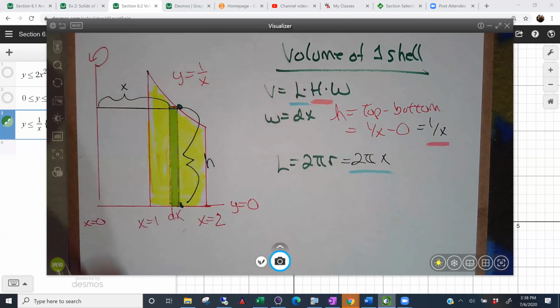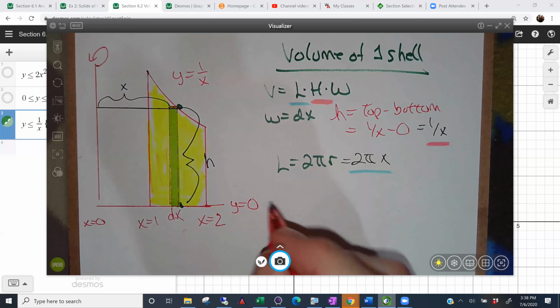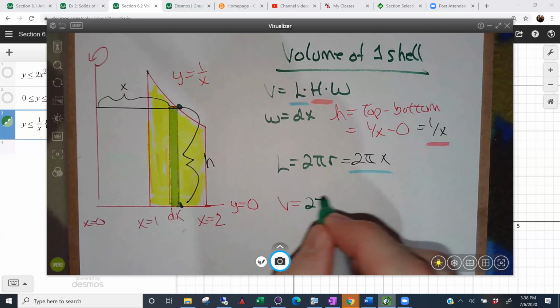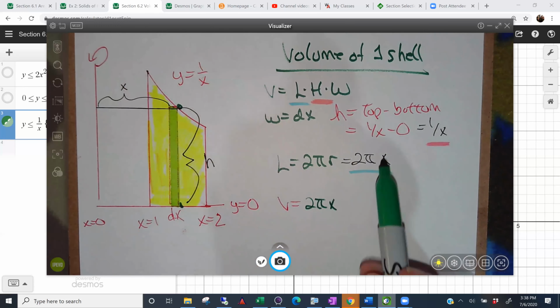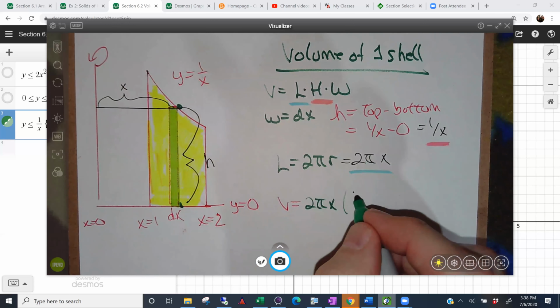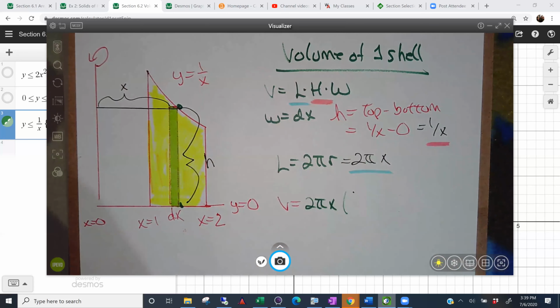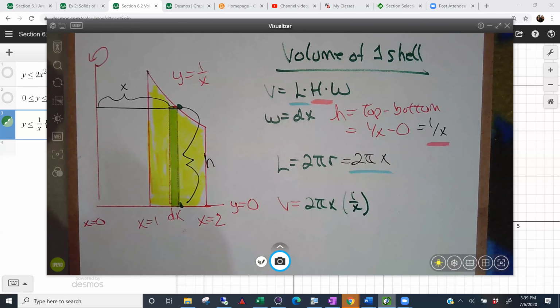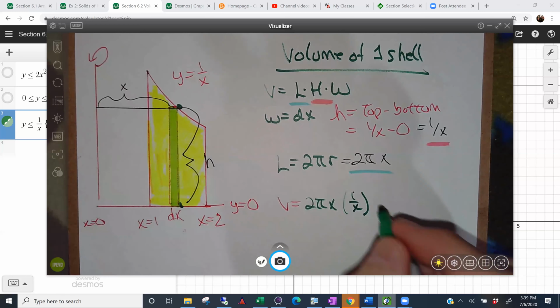So let's take a look here. The volume of one shell is going to be 2 pi x times the height, which is going to be 1 over x. Uh-oh. That's bizarre. 2 pi x, 1 over x, times dx.